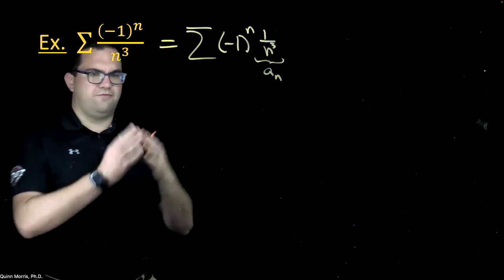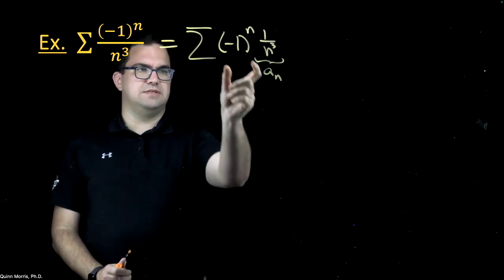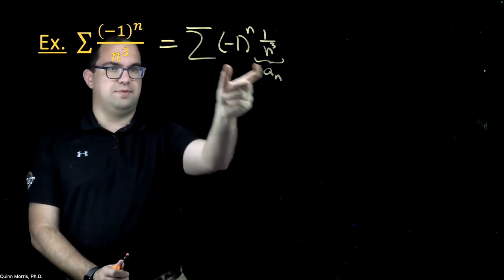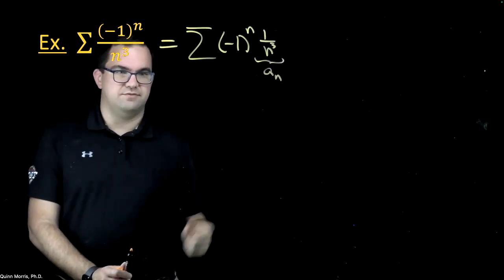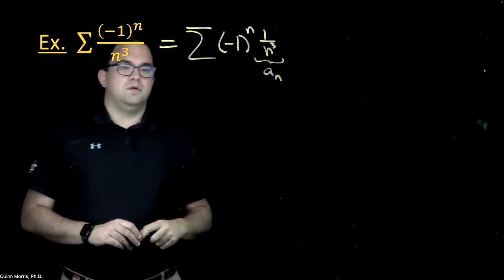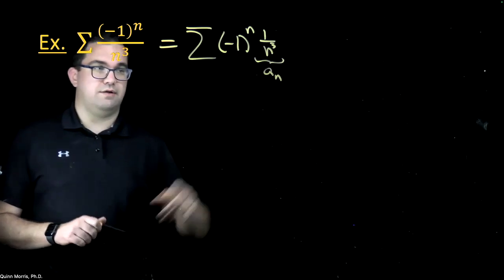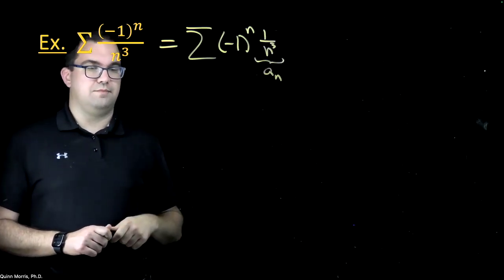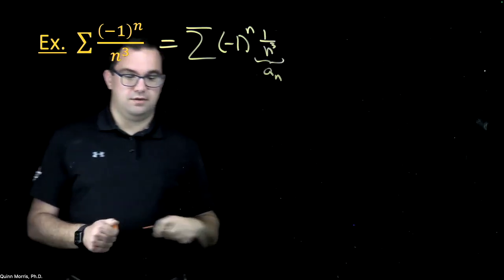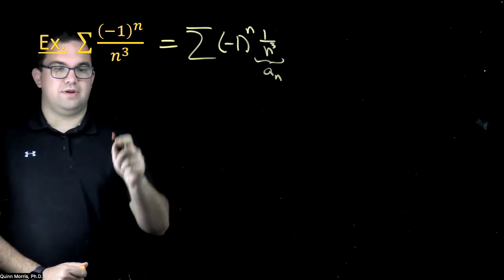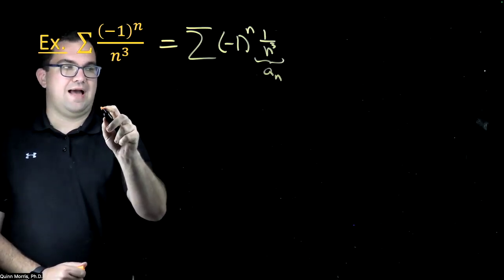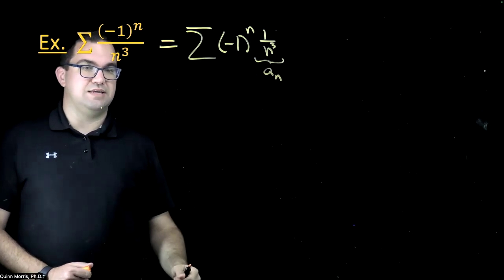Okay, so you really first split your series into the alternating piece, and then this is the rest of it. Now we'll take a look at these terms, the non-alternating part, and see what we can say. If I want to apply the alternating series test, the first thing I want to ask is, is this decreasing?